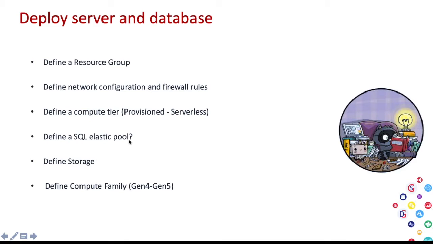This basically depends on the performance of the database that you're using and whether you need it or not. In this case, we will just use it for example purposes, so we won't use an Elastic pool. Then we'll define the storage associated with it or create one. And then define a compute family, which allows us to choose between generation 4 and generation 5, depending on the performance or the disks that you want to read on here.